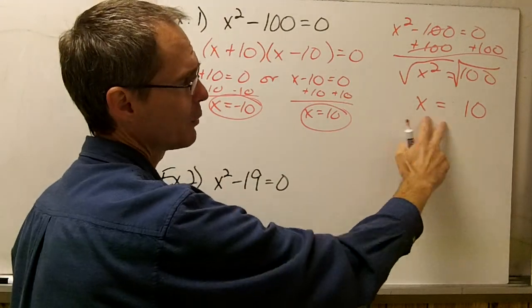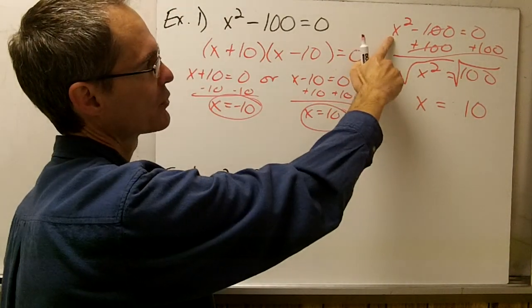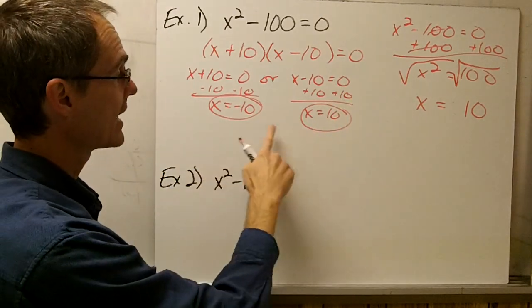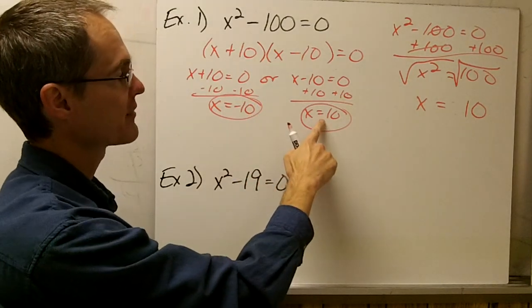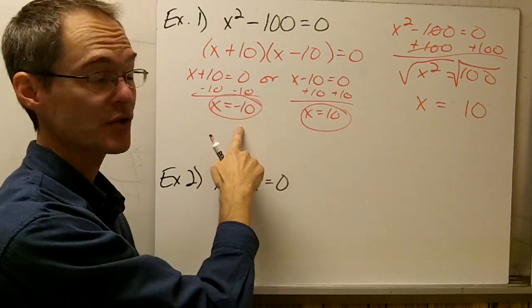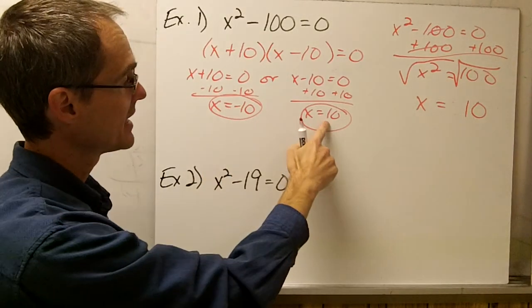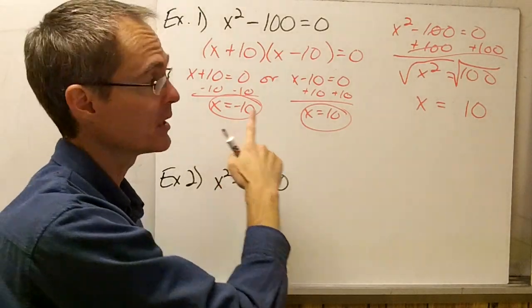Now, when I say the square root of 100 is 10, that's true, but remember that for a quadratic equation, I always expect to have two solutions. And in fact, this quadratic equation does have two solutions. Not only does it have a solution x equals 10, it also has a solution x equals negative 10, because 10 times 10 will give me 100, and negative 10 times negative 10 will also give me 100.